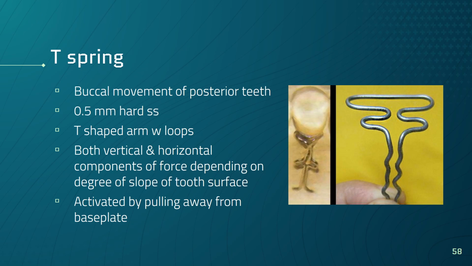Made from 0.5 millimeter hard stainless steel wire, it has a T-shaped arm with loops. Now, there are also both vertical and horizontal components of force depending on the degree of slope of the tooth surface. And it is very easy to activate. We just need to pull the T-spring away from the base plate.